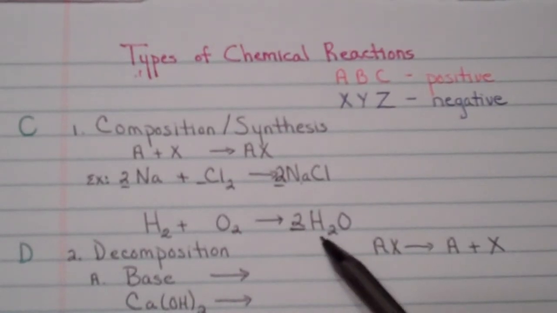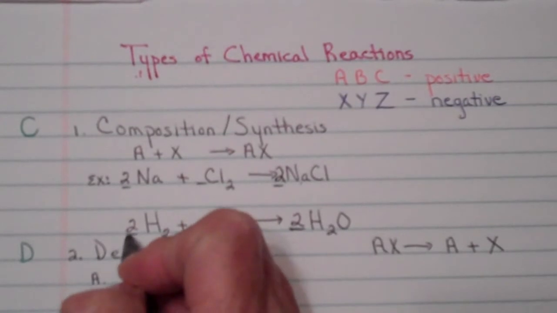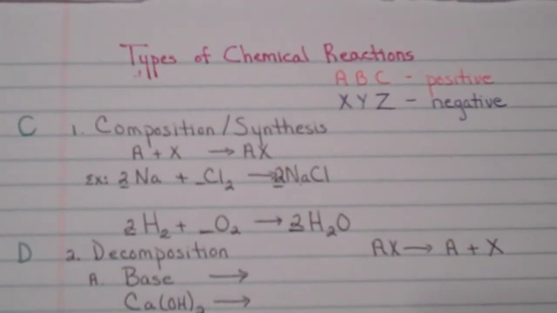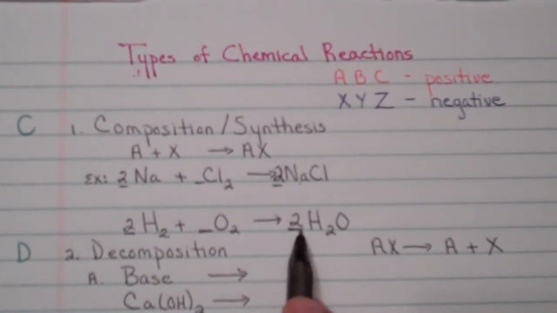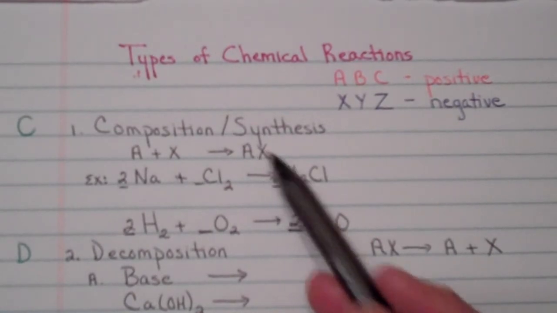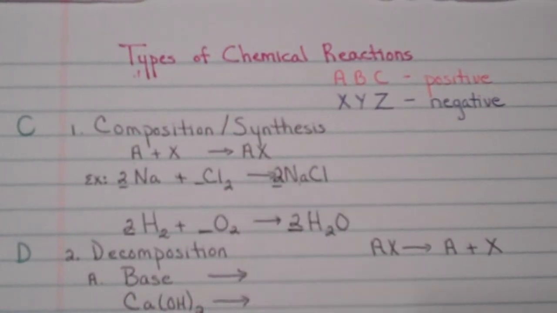This leaves the hydrogens imbalanced, and so we would have to put a 2 on the reactant side so that our coefficients would lead us to see that 2 molecules of hydrogen would combine with 1 molecule of oxygen to produce 2 molecules of water. We'll come back to these a little bit later, but they fit the format of combining 2 particles to make 1 larger one. You might say a onesie plus a onesie yields a twosie.